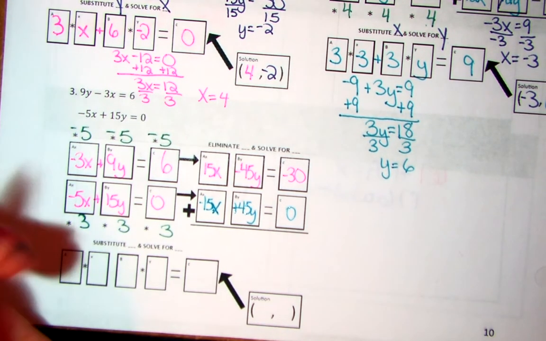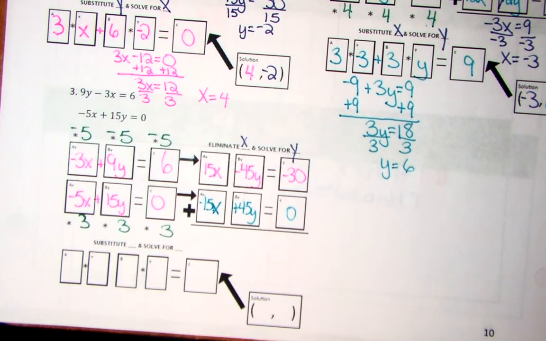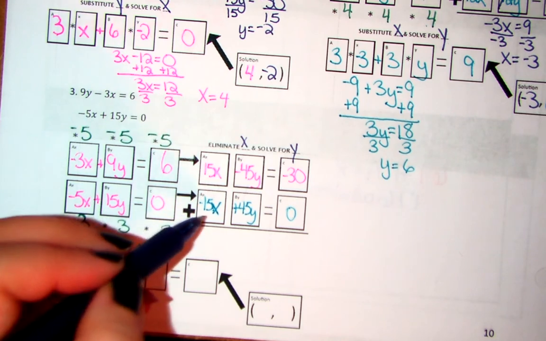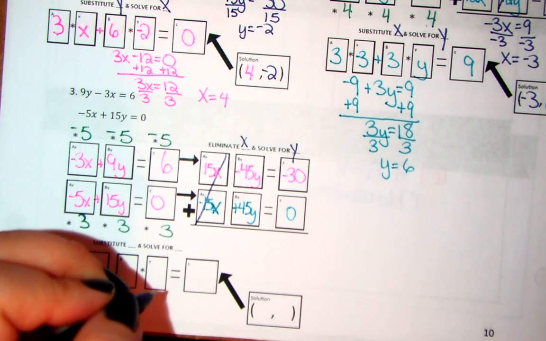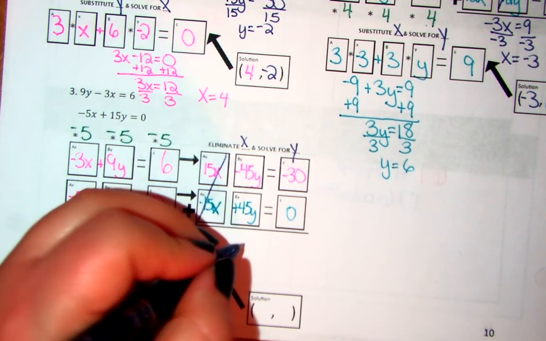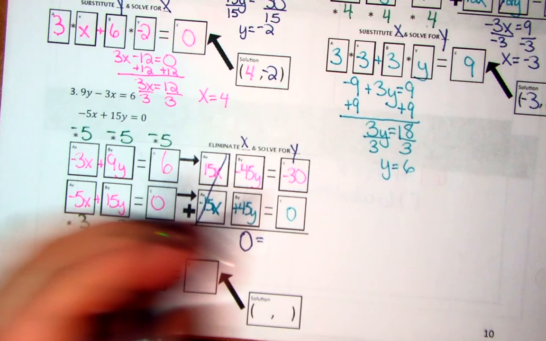Our goal was for us to eliminate our x's so that we could solve for y. So we'll add them up. 15x plus negative 15x cancels just like we wanted it to. Negative 45y plus 45y, that also cancels, which leaves us nothing on the left.